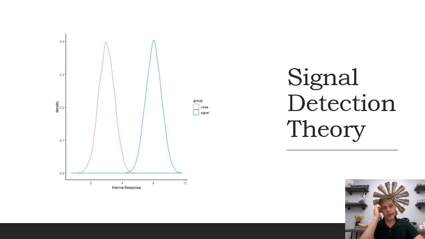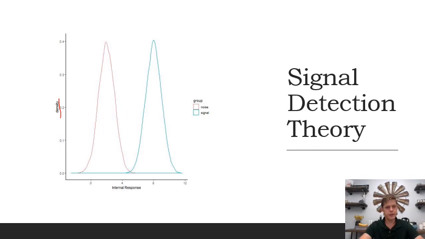Okay, so here's where we get a bit more graphical in our representation of signal detection theory. What I have here is a figure where the y-axis is a density function. If you're not familiar with Gaussian distributions, let's not worry about that too much. This distribution is just highlighting where all of your data lies in response to some internal response.